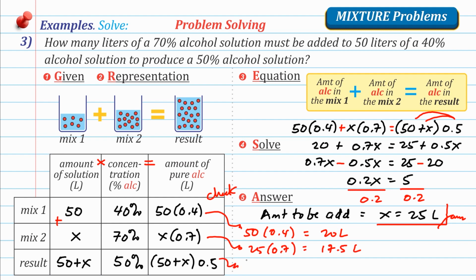Finally, we have 50 plus x, 50 plus 25 is 75 liters times 0.5. Multiplying, this is equal to 37.5 liters. As you can see, if you get the sum of this one, it's also equal to 37.5 liters. They are equal, therefore, our answer must be correct.